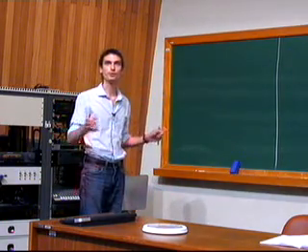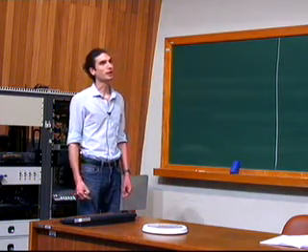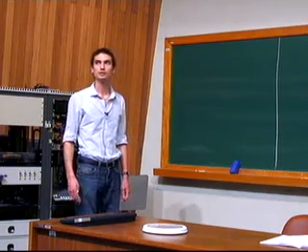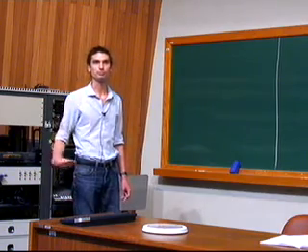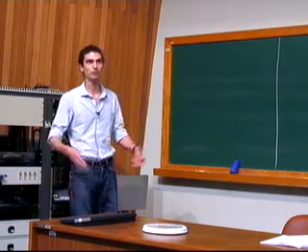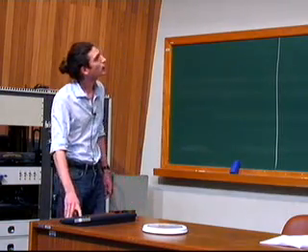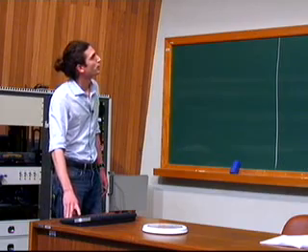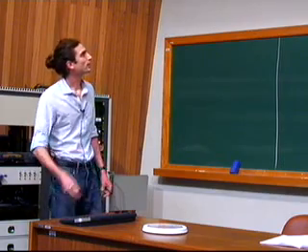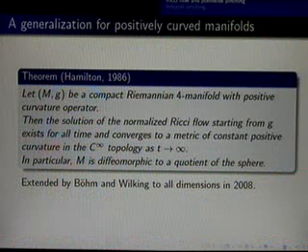The normalized Ricci flow exists for all time, and when t goes to infinity, it converges to a metric of constant positive curvature, and then your manifold is diffeomorphic to the quotient of a sphere. This result was extended recently by Böhm and Wilking to all dimensions.